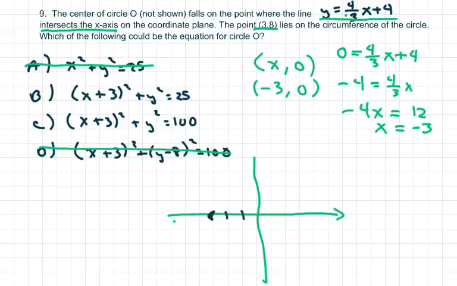And we know also that the circle falls on the line at 3, 8. So 1, 2, 3, 1, 2, 3, 4, 5, 6, 7, 8. This is going to be way too big. So anyway, I'm not going to go ahead and draw the circle.